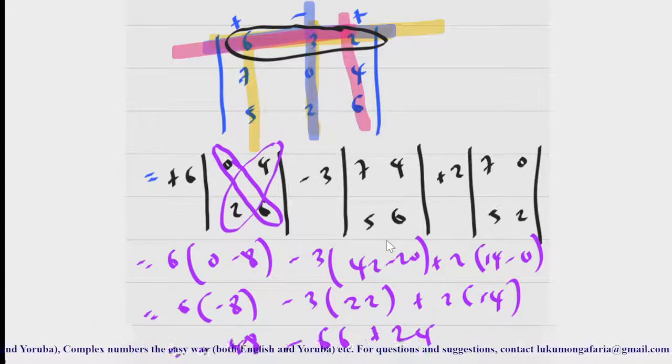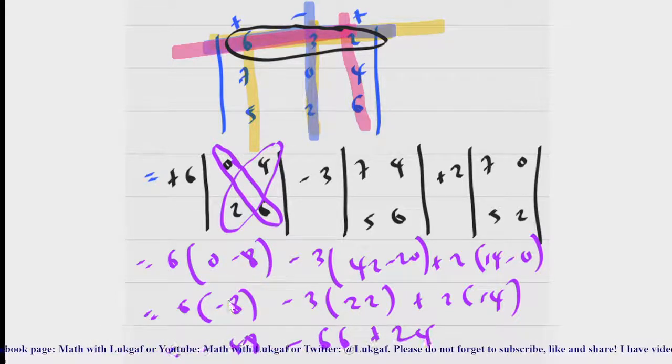Let us check it again. I think there is an error somewhere. We have 6, 3, 2, 7, 0, 4, 5, 2, 6. Then it's going to give me 0 minus 8, 42 minus 20, plus 2 into 14 minus 0.